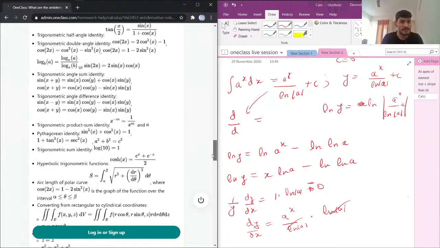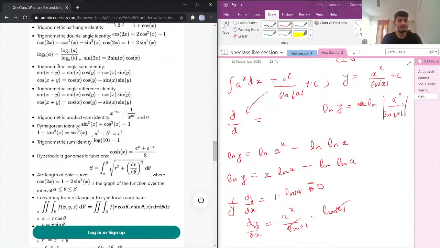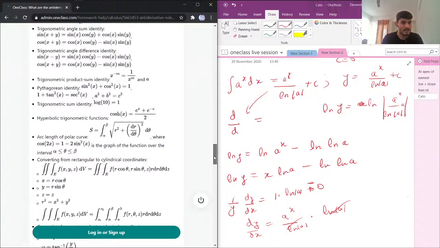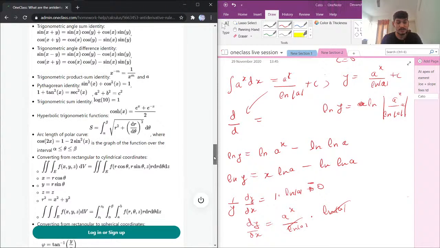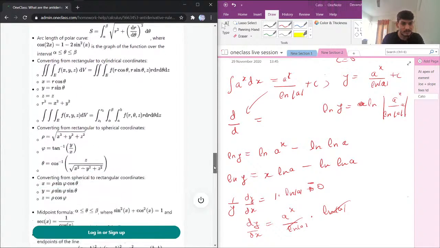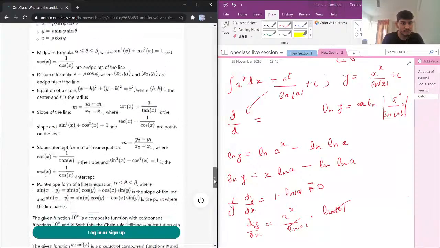Trigonometric angle sum identity. So yeah, we have some of the identities of sine x plus y. This is the sum identity. This is the difference identity. Then we have hyperbolic trigonometric functions. This solution is kind of very big.